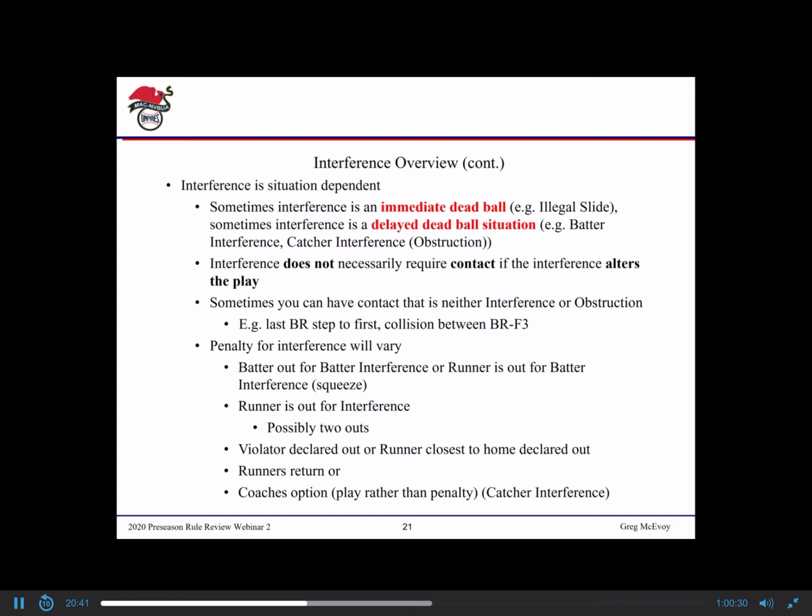And generally, most of the time, we're going to return runners on an interference play. But there are some plays, like catcher's interference, where you can actually have the coach choose an option to either take the play or the penalty. Again, we'll cover that in a future rule under catcher's interference.